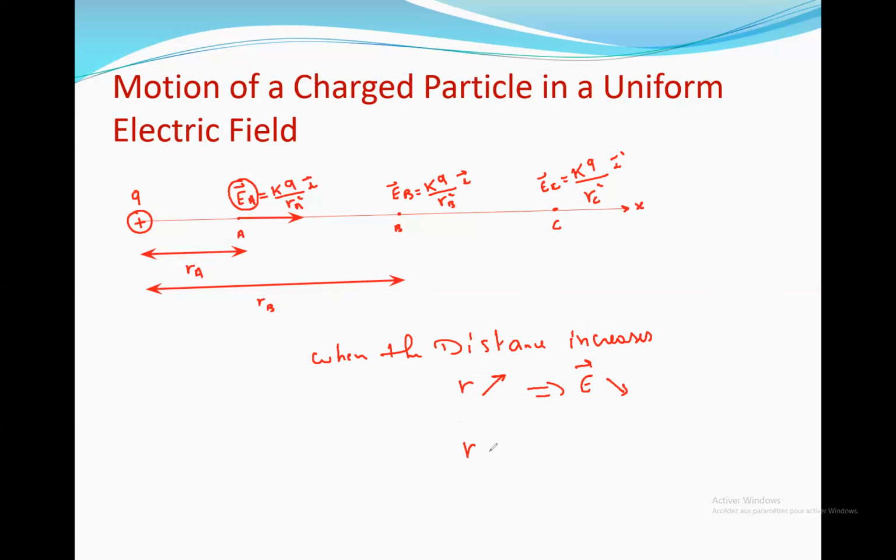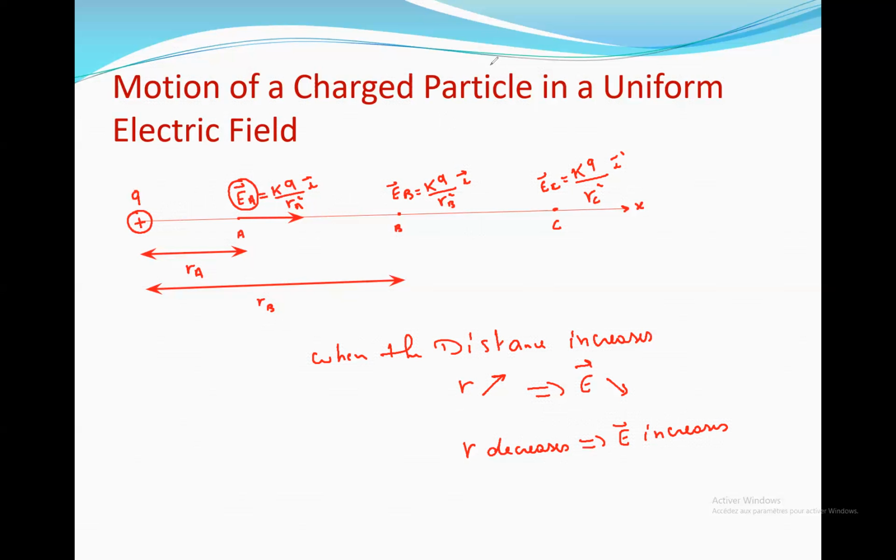When the distance decreases, the field increases. So the field created by a point charge is not constant. We can say it's not a uniform electric field because this field will change with respect to the distance.